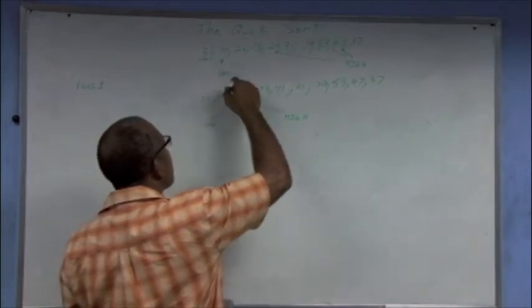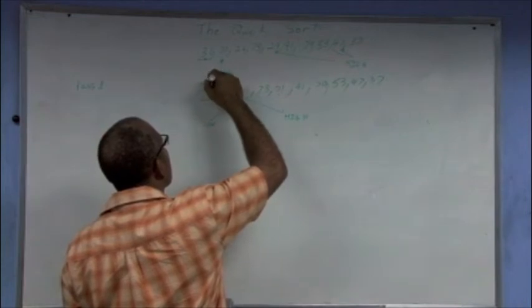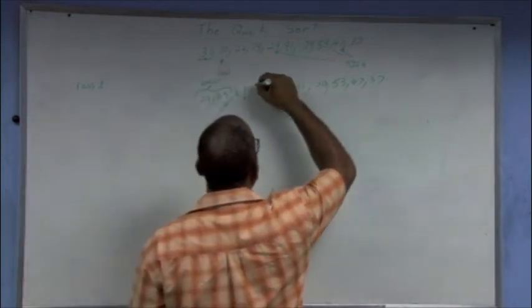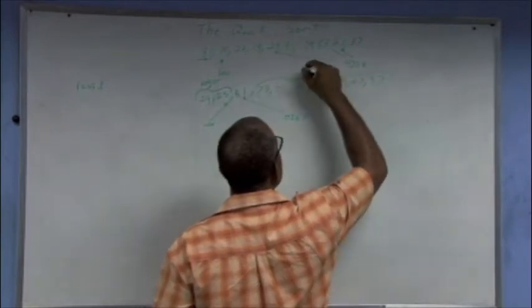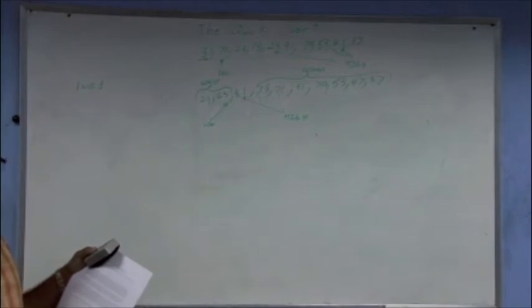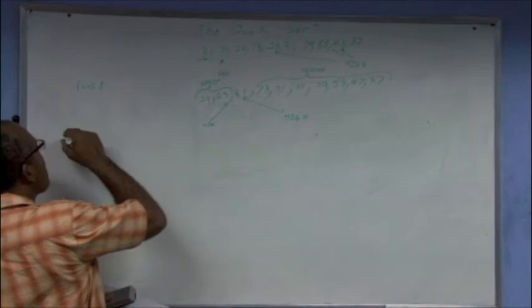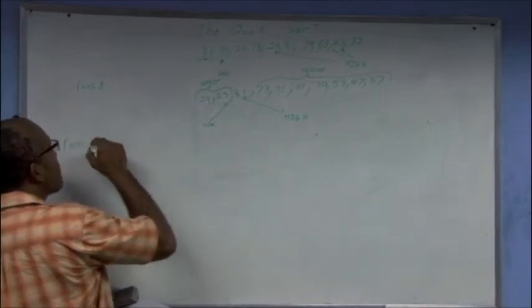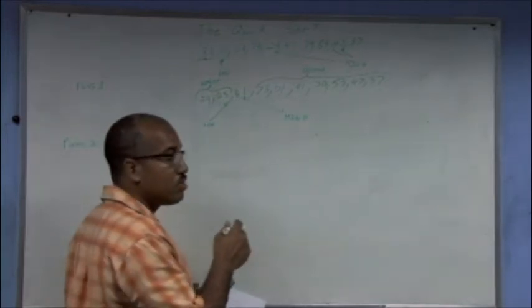So we now have the first part of our list and the second part of our list. Now, we then will call the Quicksort on either part. So, going to the next step. Quicksort on the first part.